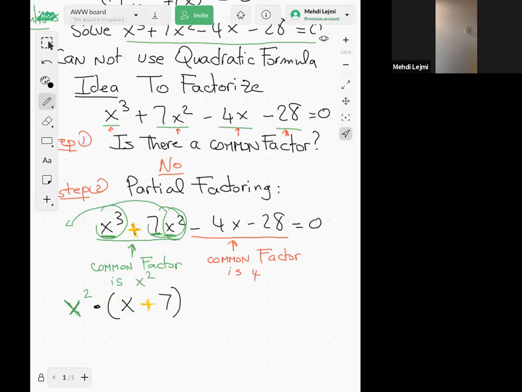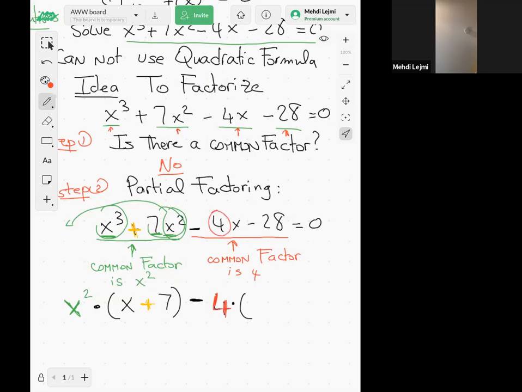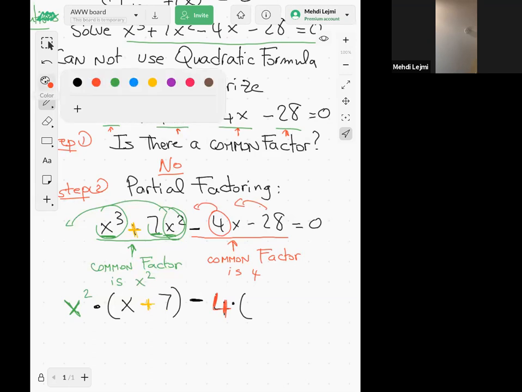And then there is minus, and we said the common factor between 4x and 28 would be 4. So here's my 4 times, and you pull out this 4, so then you are left with x. All right. Then be careful, guys, with the sign, because here it's a minus.